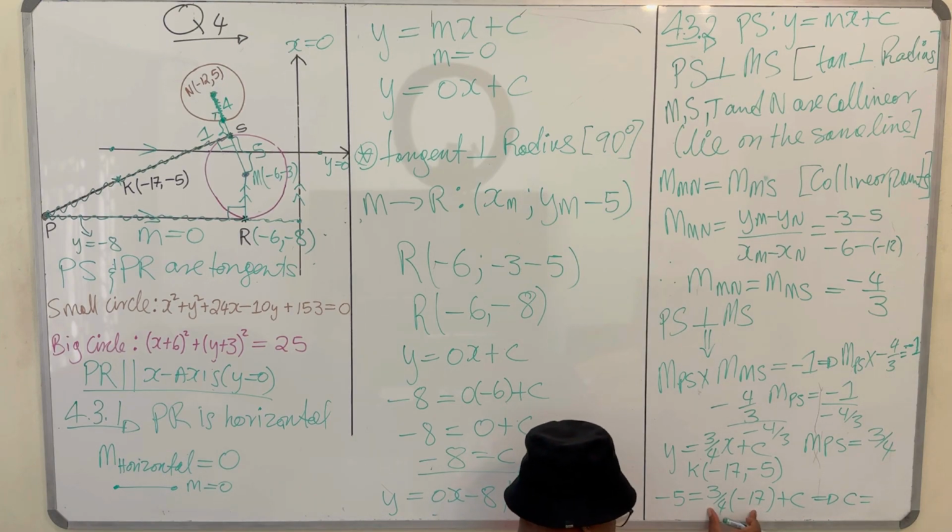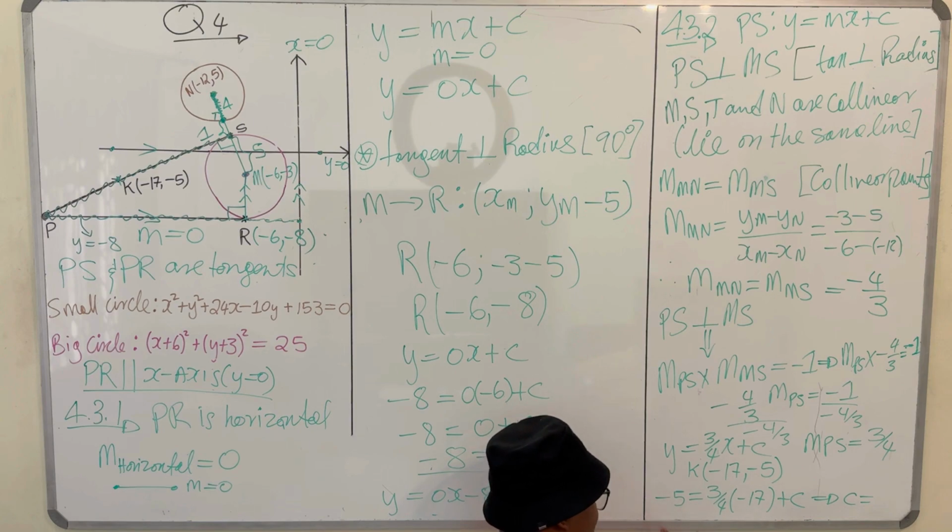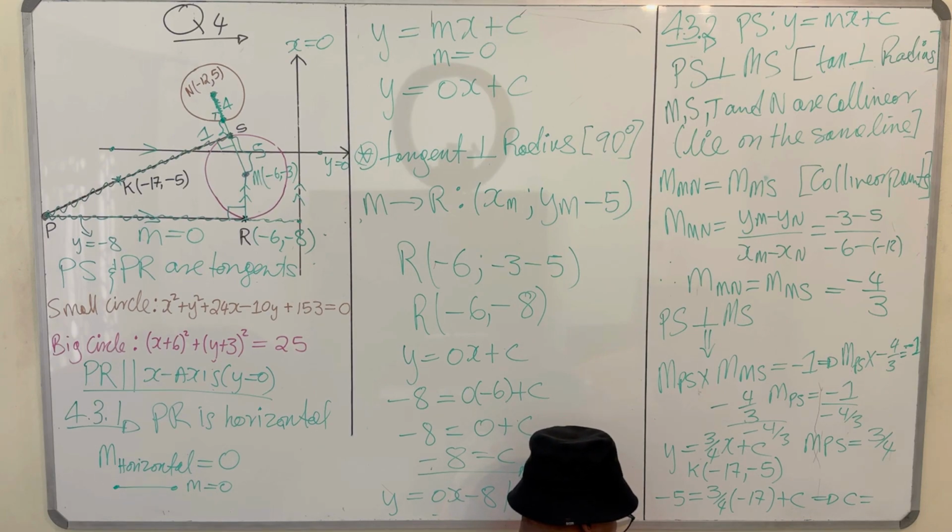This is equal to -51 over 4, right? It's -51 over 4. This -51 over 4, you transpose it to this side and it becomes positive. So we have negative 5 plus 51 over 4.